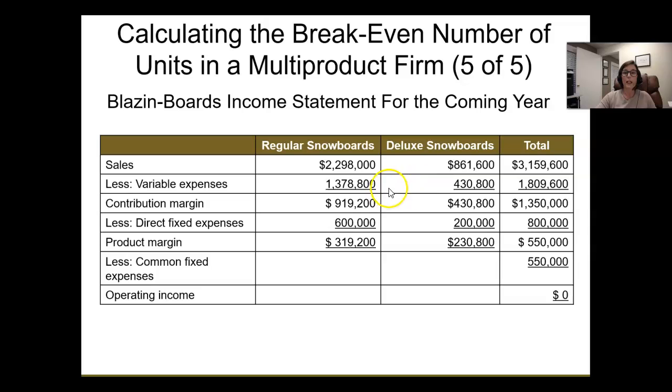We've subtracted out the variable expenses to get our contribution margin, and then our direct fixed expenses. Then that gives us the product margin, and then from that we subtract the common expenses, and that gets us to 0, which proves in fact that we have made no money at this sales level.